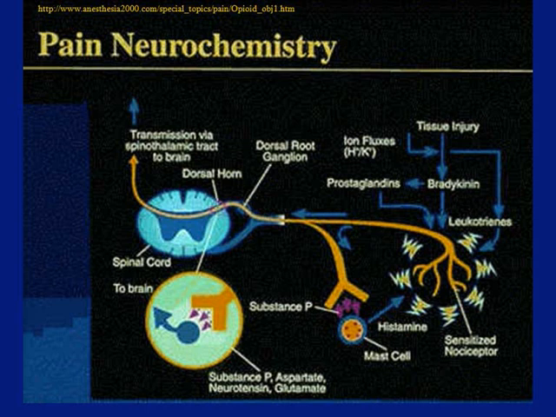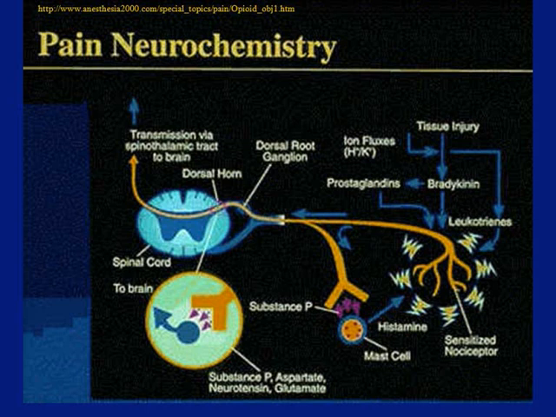There, the activation of these receptors can inhibit the release of excitatory neurotransmitters like substance P or histamine, and also inhibit the spinal cord dorsal horn pain transmission neurons.